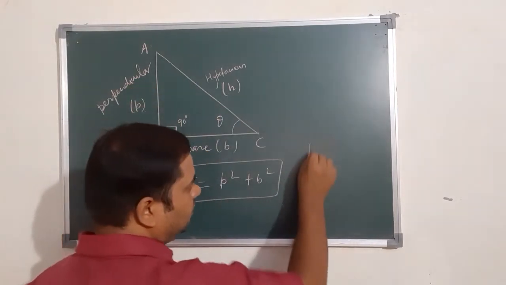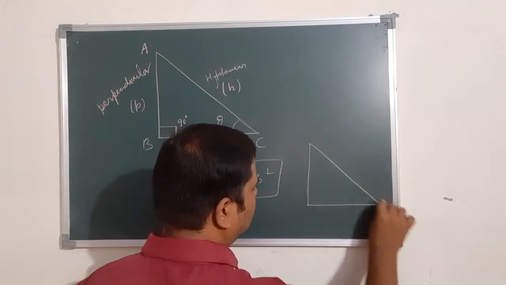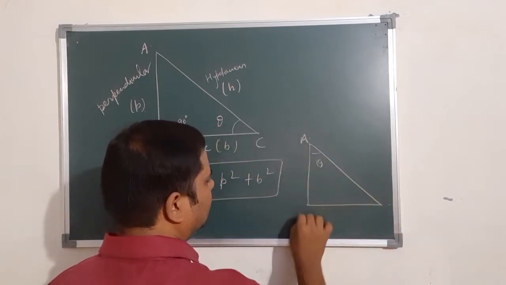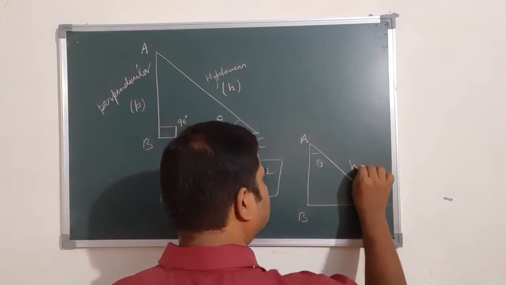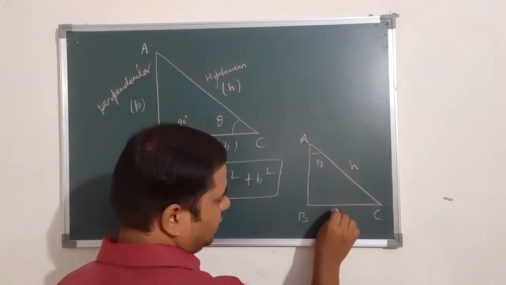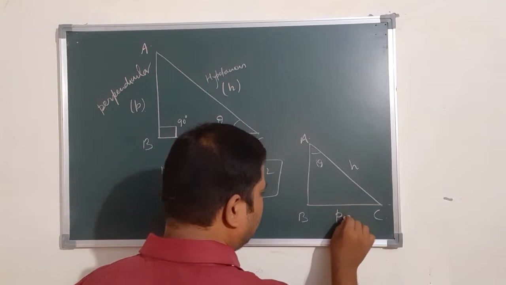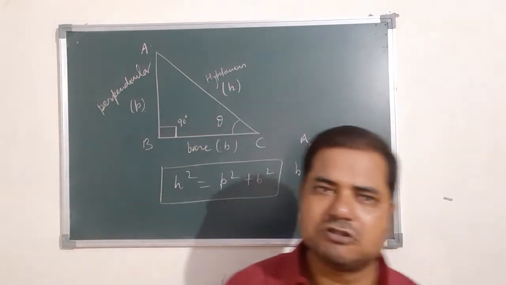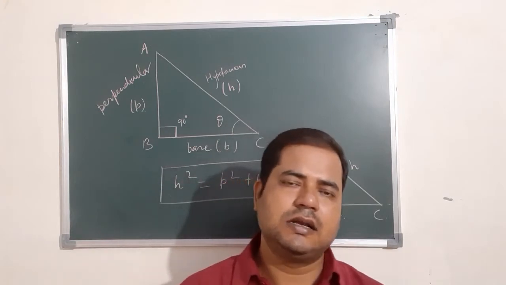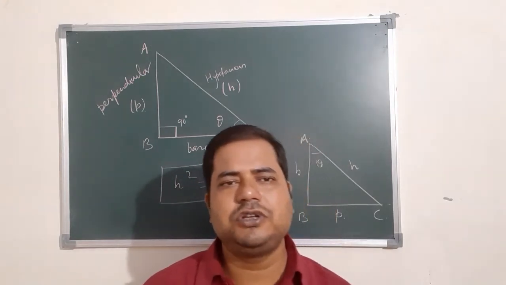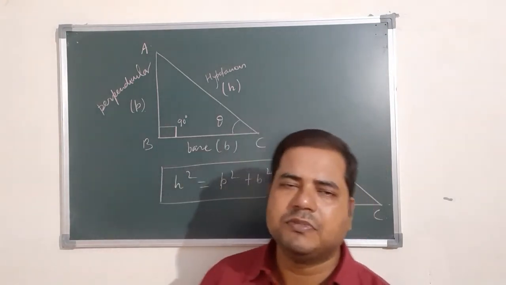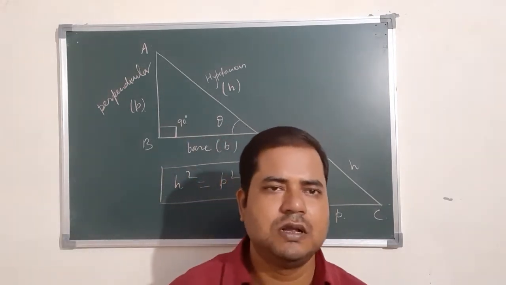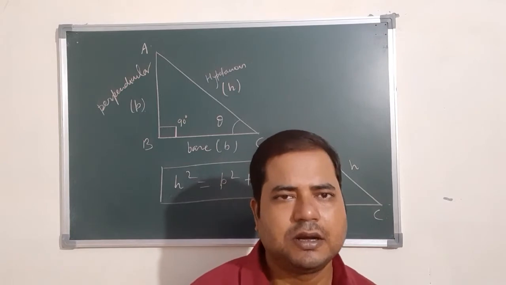But if we make another triangle here, A, B, C, and consider theta here, then this is the hypotenuse, but this one is now perpendicular and this one is base. So perpendicular is always the side opposite to the considered angle, that means an acute angle for which we find the ratios of trigonometry, that means trigonometric ratios.